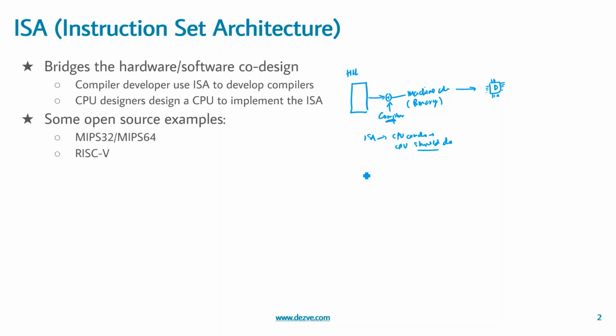From a layman's point of view, ISA would have some details about what operations it supports, what the various types of operands supported are and where to fetch them from, and how to store and manage the data.